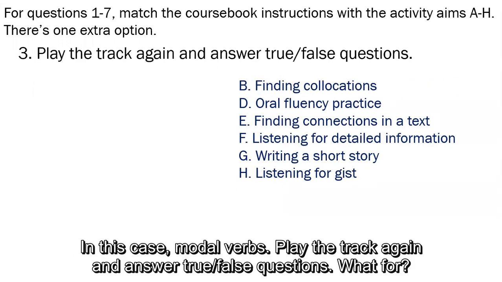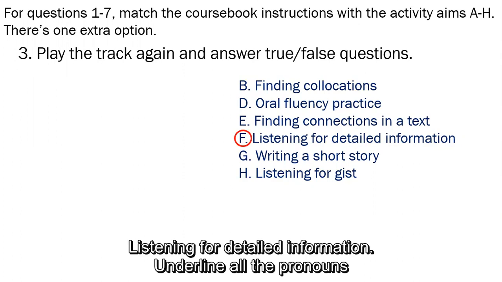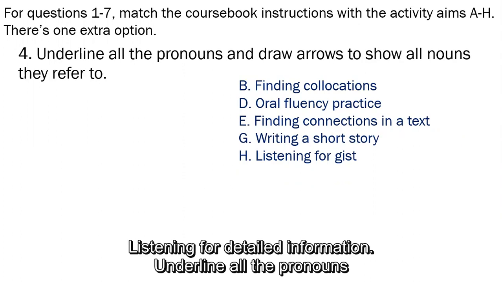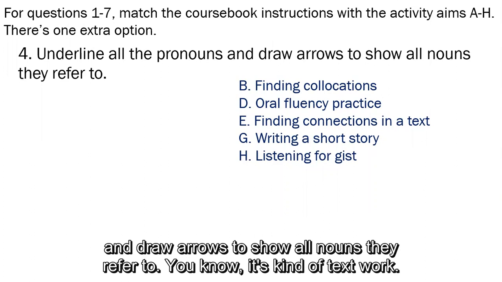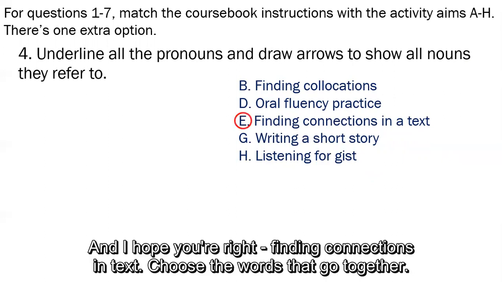Play the track again and answer true-false questions. Okay, what for? Listening for detailed information, right? Underline all the pronouns and draw arrows to show all the nouns they refer to. You know, it's kind of text work. Yes, and I hope you're right. Finding connections in text.